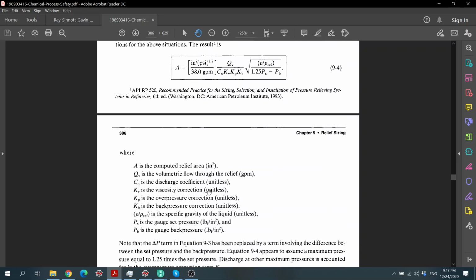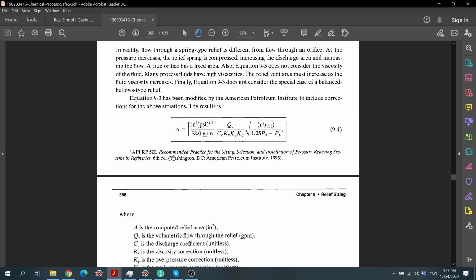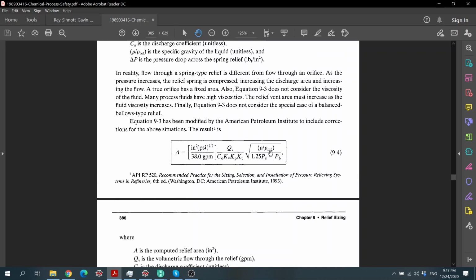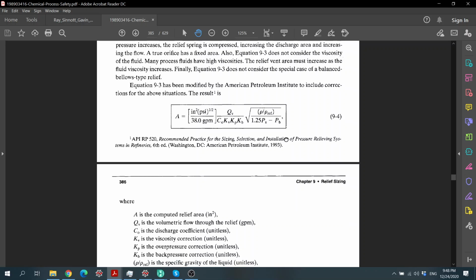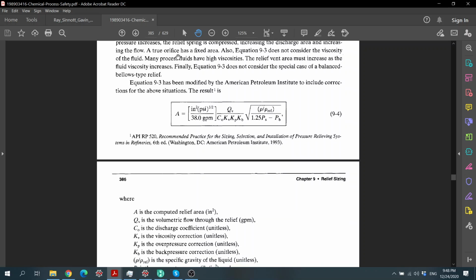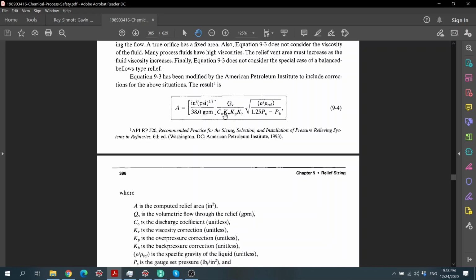viscosity correction. We need to go to API 520 to know what kind of liquid they used to develop this equation. It could be water, I don't know. It says here many process fluids have high viscosities, so to account for these high viscosities, we need to add these corrections.